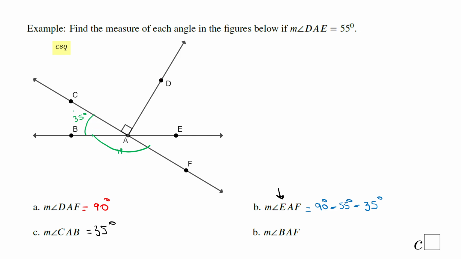Because they form a line. They form the line CF. So that will be 180 minus 35. So let's see how much that is. 180 minus 35, and that will be 145.